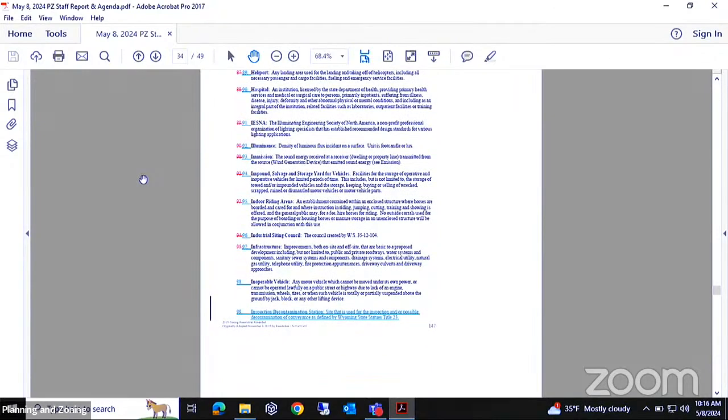Okay, we get down to the I's and we're back to the inspection decontamination station. After going back and forth with this, and big thanks to Cassidy, since she was researching what other jurisdictions were doing with this, how we chose to define it was a site that is used for inspection and/or possible decontamination of conveyances as defined by Wyoming statutes Title 23.